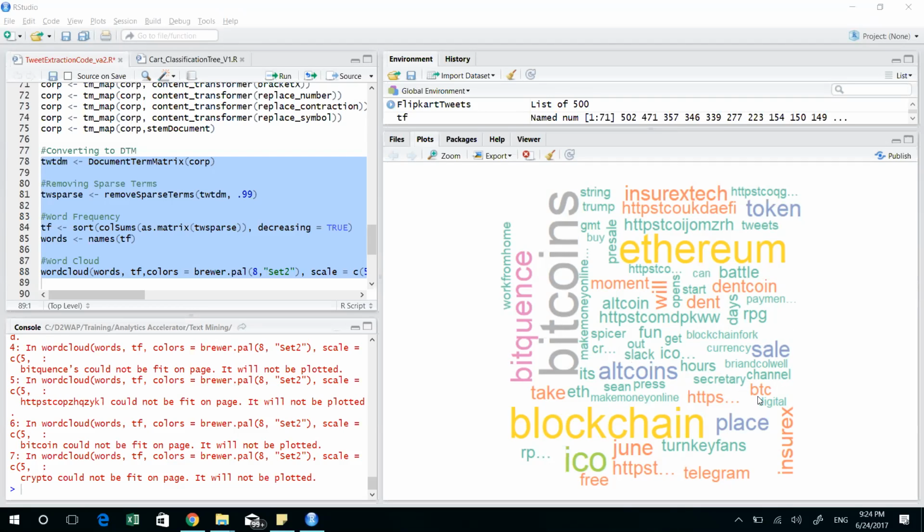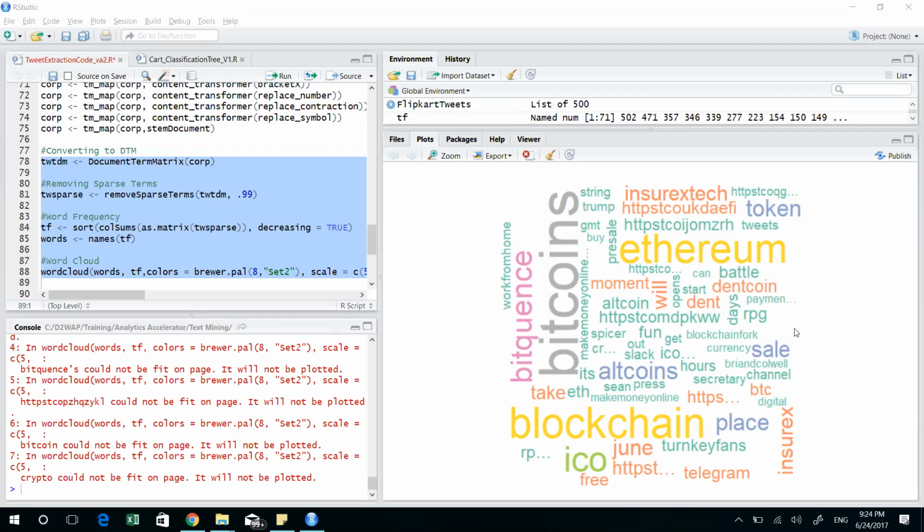Apart from that, there was a campaign going on wherein a pre-sale of Ethereum was going on, and that's where you can see words like Ethereum being there. And why I know about all these things is because I'm an active investor in Bitcoins also, so I understand this domain pretty well.